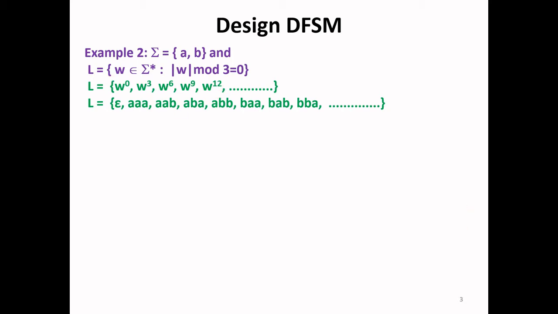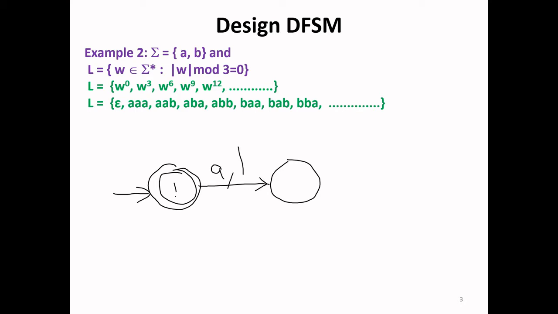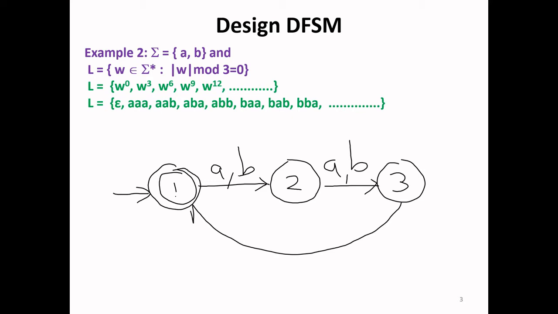So let us see how to design it. The initial state will be the final state. Previously we had written a, now here we'll write a or b to state 2. So the first symbol is rejected. The second a or b is also rejected. The third a or b is accepted. I hope it's clear to you.